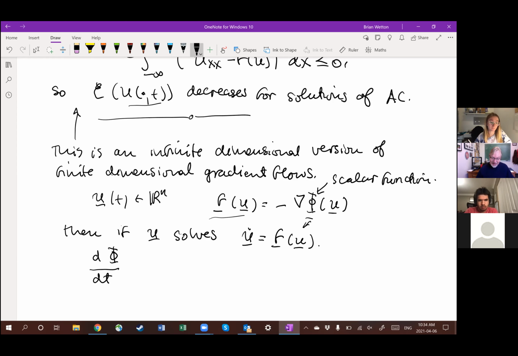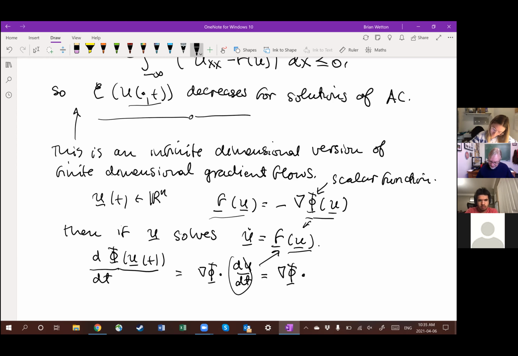So it's a scalar quantity that I can look at along the trajectories, to see how it behaves. I just do some chain rule to get that this is the gradient of phi dotted with du dt, which is the gradient of phi dotted with f of u, which is minus that. So with the minus grad phi, this is minus grad phi squared.